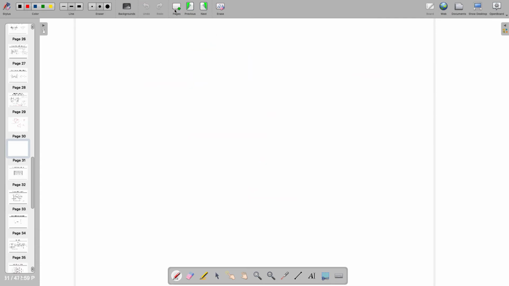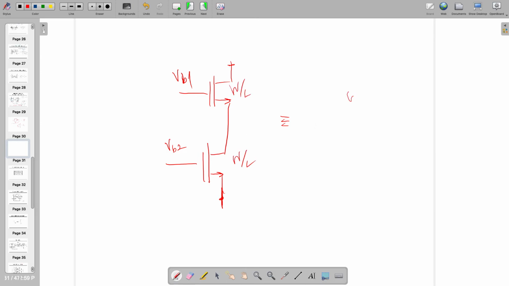But if there is a case where it is like this, can I write down this as W by 2L, or can I write down this as 2W by L?